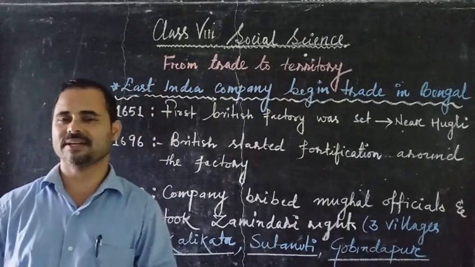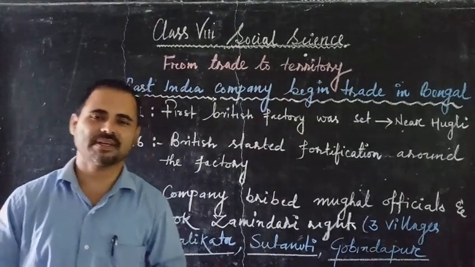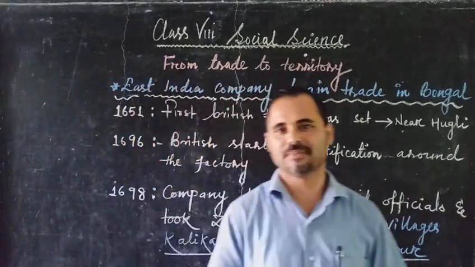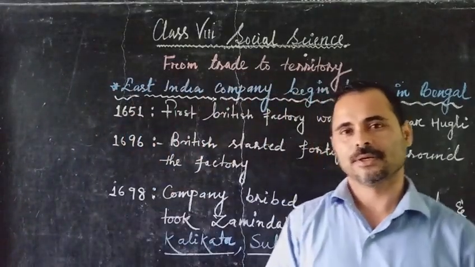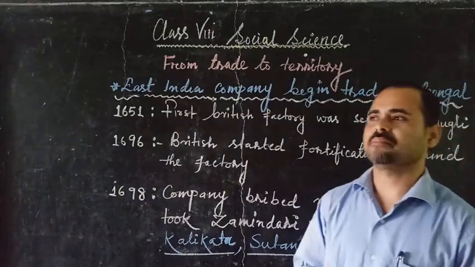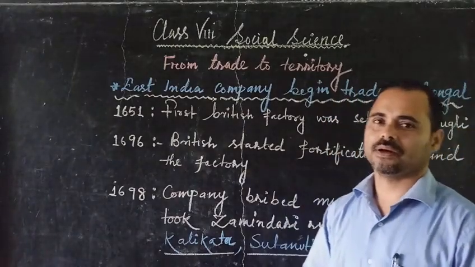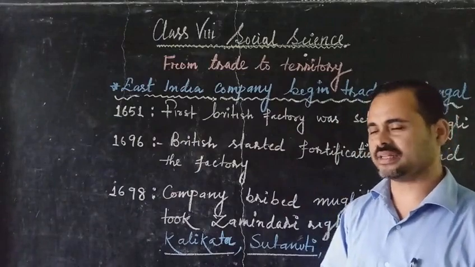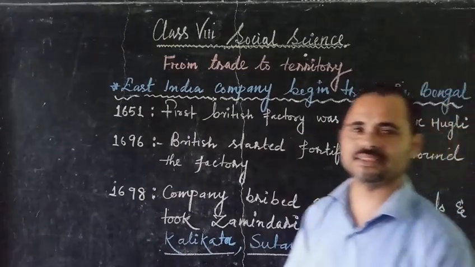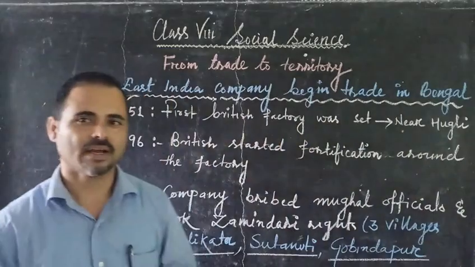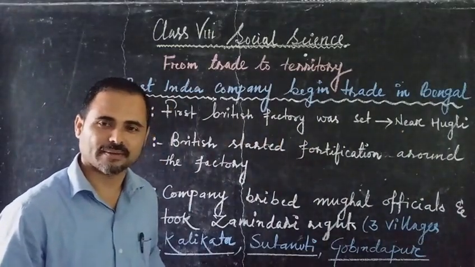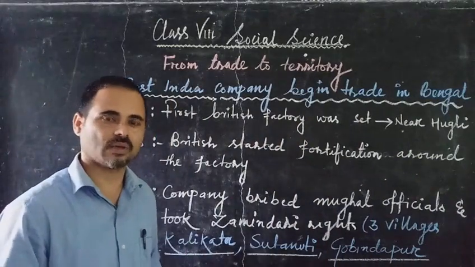Now what are Zamindari rights? Once you have the Zamindari rights, one has the right to collect revenue from those particular villages. So this company, by bribing the Mughal officials, took Zamindari rights over 3 villages, and these 3 villages were Kolkata, which was later called Calcutta, now presently called Kolkata.